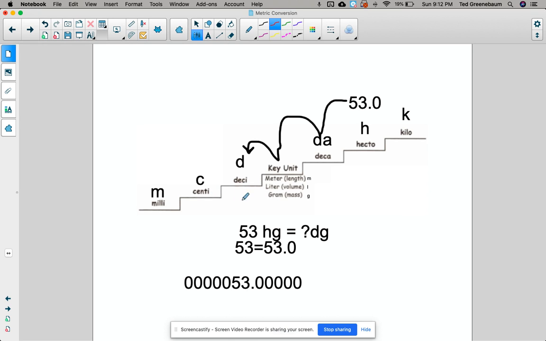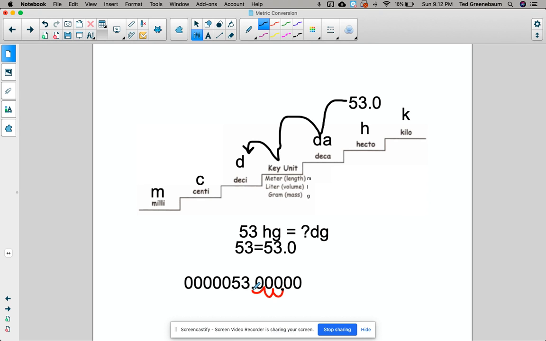So I'm going to move my decimal point to the right. How many places for this problem? 1, 2, 3. So I'm going to go 1, 2, 3 to make my number larger.